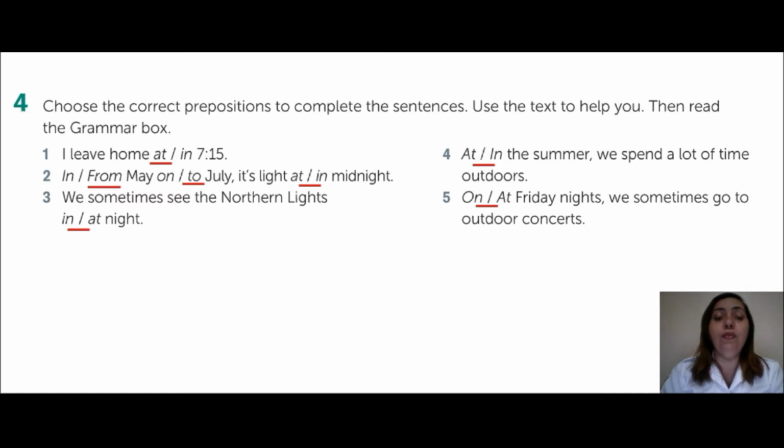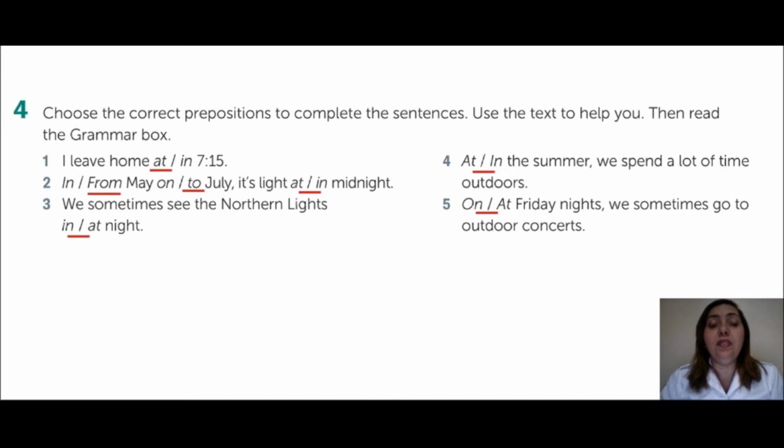Remember that from May to July. From to indicates the duration of the time. All right? And the next one, it's light at midnight or in midnight. Remember that when we talk about precise time, we use at, at midnight, right?